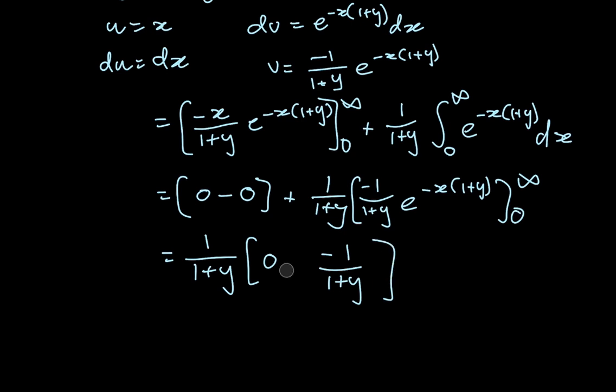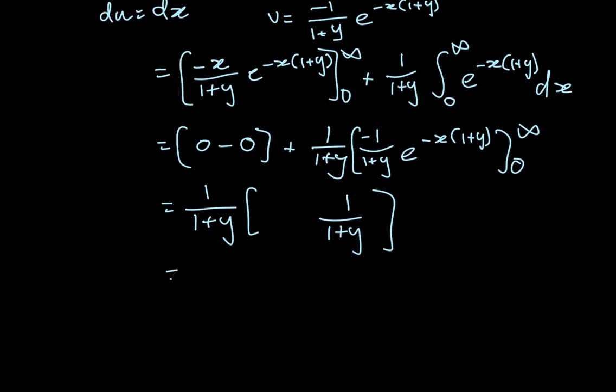And then these negatives become a positive, and I'm just left with 1 over 1 plus y times itself, so 1 over 1 plus y squared. And so that's fully in terms of y now.